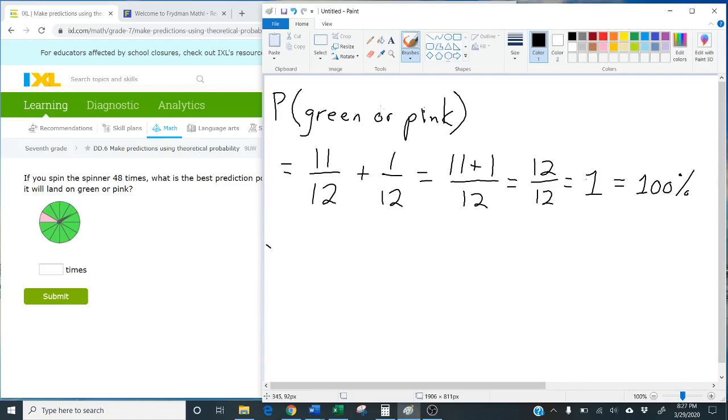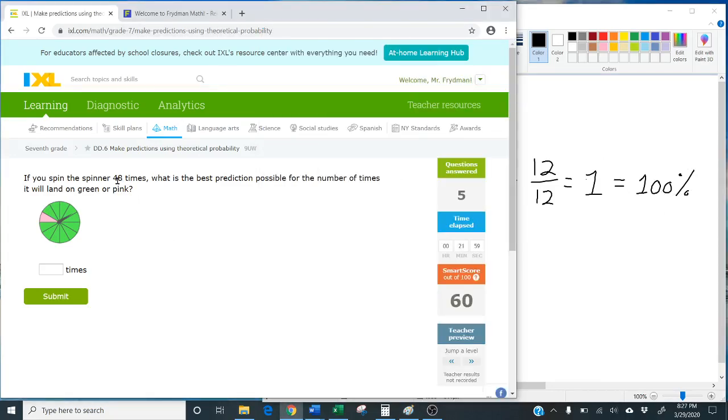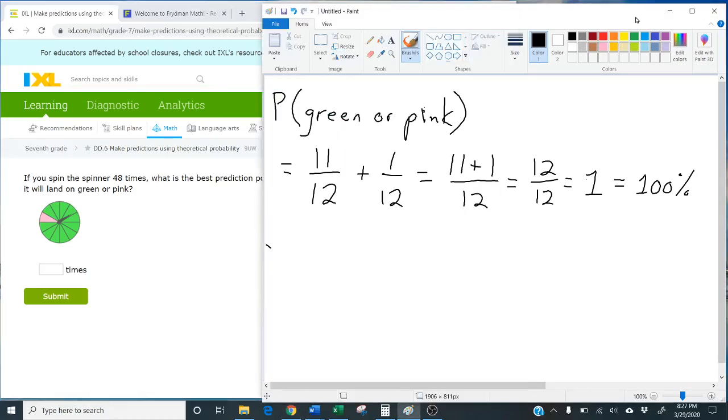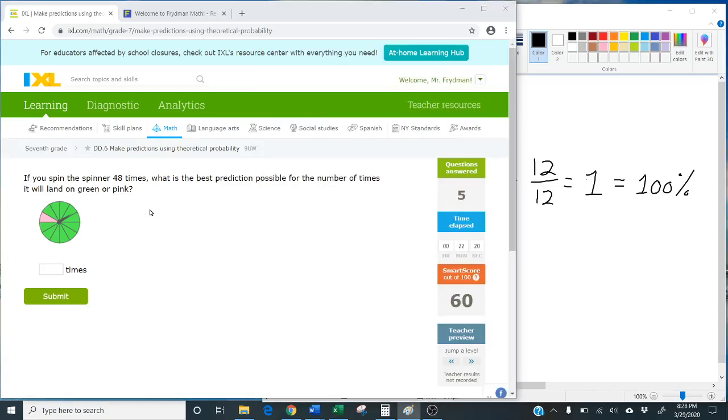I can't lose. Now, if I spin the spinner 48 times, how many times would I expect to land on green or pink? Well, to do that, again, we just take our probability. I'm going to just use the number 1 here because it's easier. So I take the probability and I multiply that by the number of attempts, which is, in this case, 48.